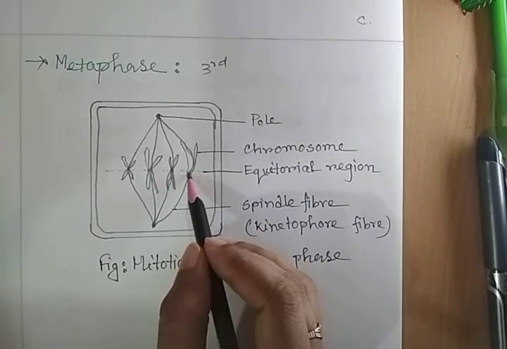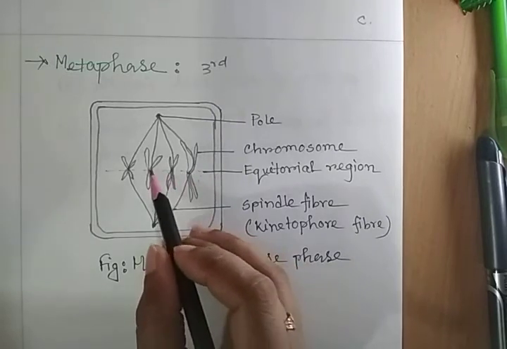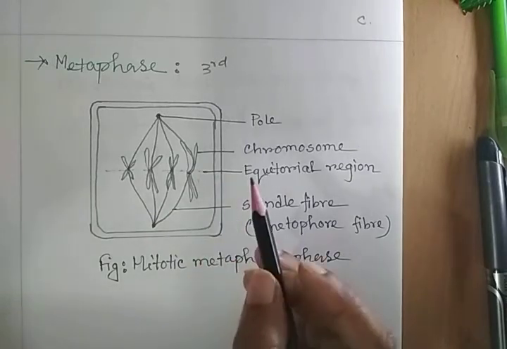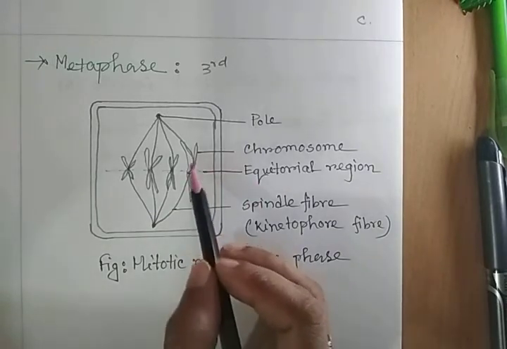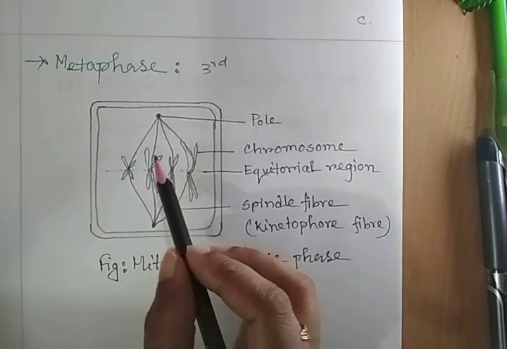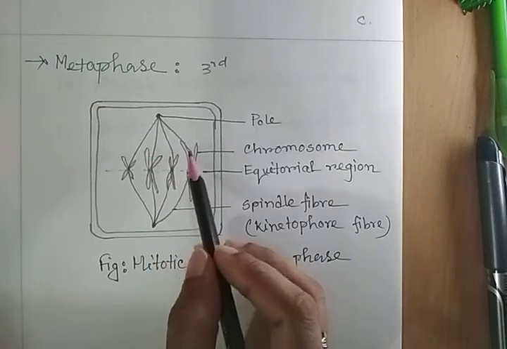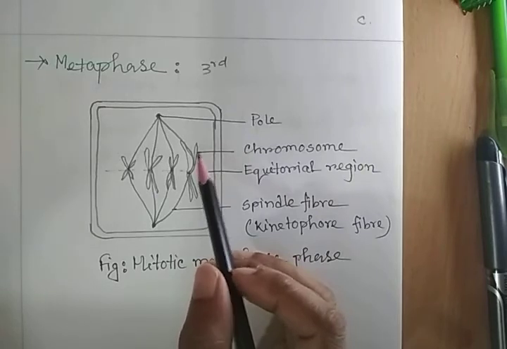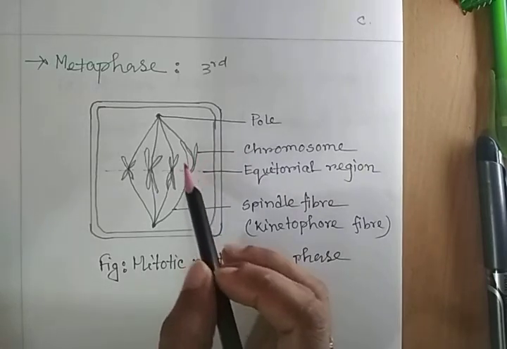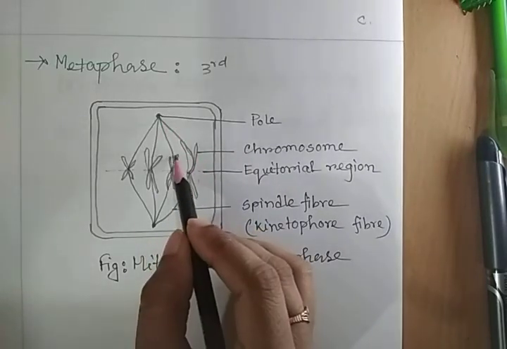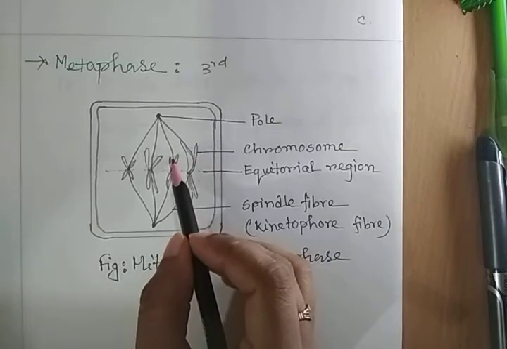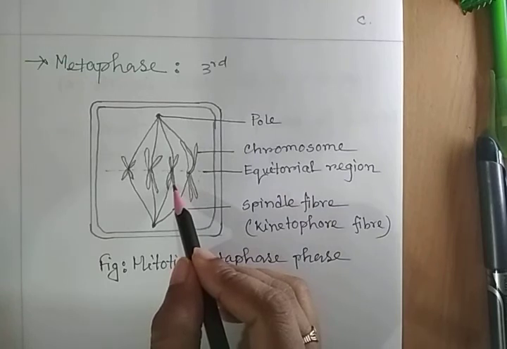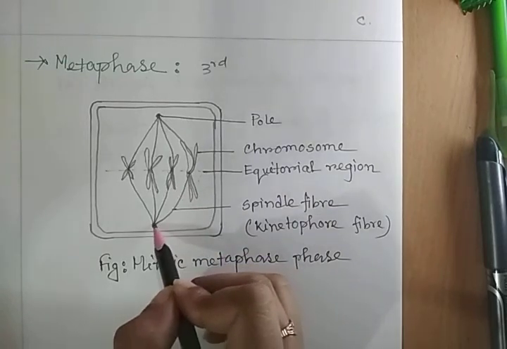The centromere of each chromosome remains on the equator, but the two arms take position towards the poles. That means these arms are towards this pole, and these two arms are towards this pole.